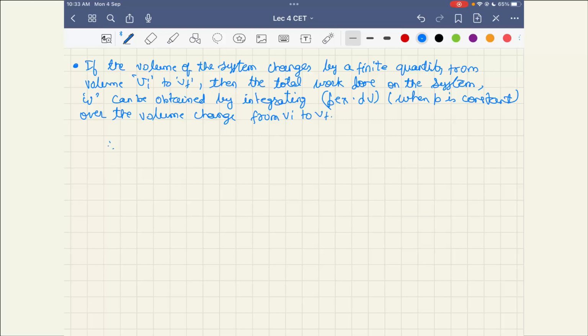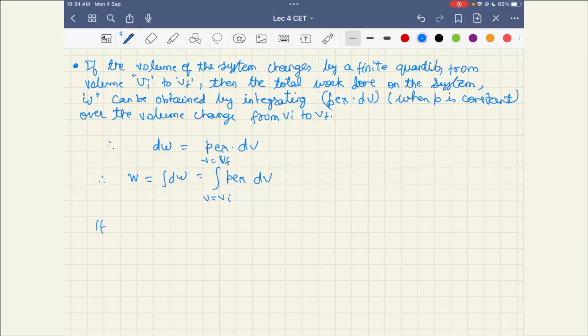Therefore, we know that dW is nothing but P external into dV. Therefore, W is nothing but integral dW, which is integral P external into dV, from V equals Vi to V equals Vf.